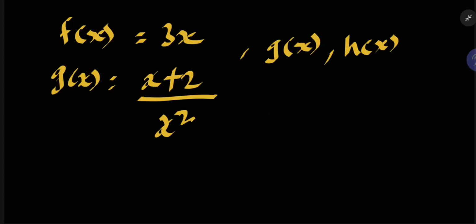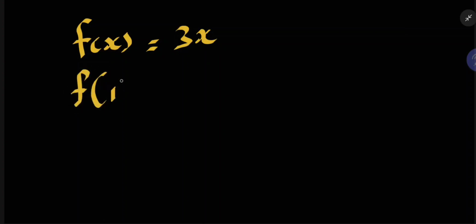For a function, let's use f of x. We said f of x equals 3x. If x is 1, let's say f of 1, 3x means 3 times x. So where x is 1, that would be 3 times 1, and our output would be 3.